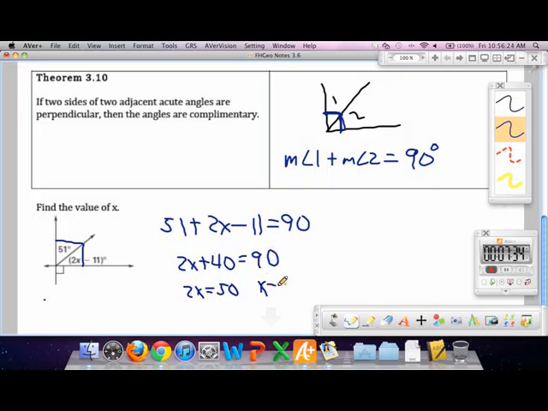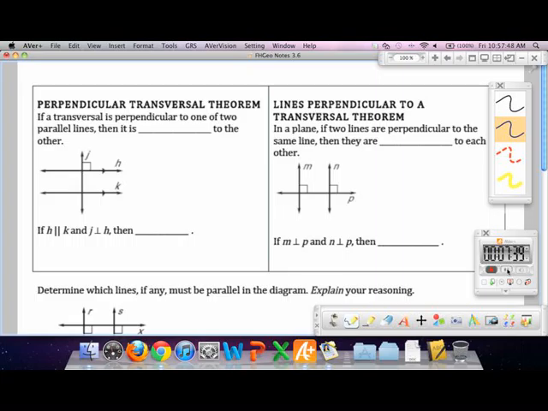The perpendicular transversal theorem says that if you start with this picture, if you start with two parallel lines and a transversal that's perpendicular to one of them, what is something new we could conclude? What must be true? Dimitri?